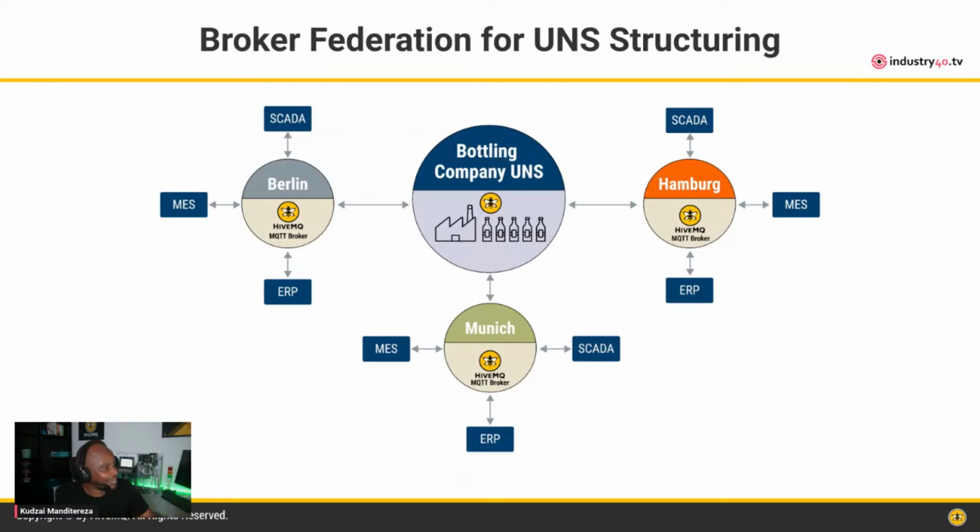Again, the idea of a unified namespace is that you could have different local UNSs in different areas, all of them pointing to a central unified namespace. Basically, you can have a unified namespace for each site, and then have all the sites publishing their information to a central enterprise unified namespace, where all of that information is consolidated.